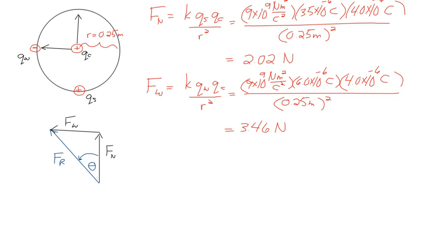But again, this problem only asked for magnitude, so I just have to use the Pythagorean theorem to get the magnitude. So FR is going to equal the square root of Fn squared plus Fw squared. And then plug in the numbers and you'll have the answer.